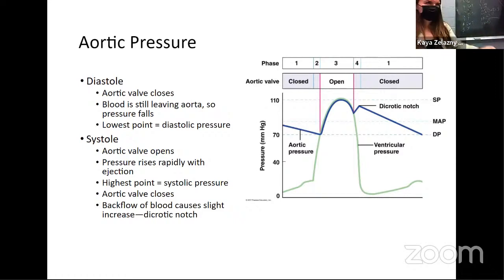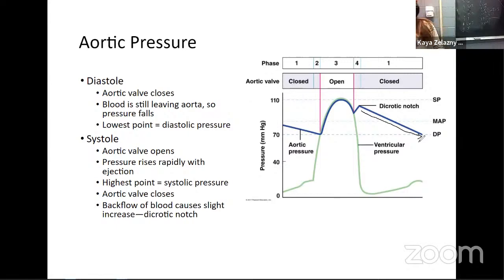Okay. So this means because blood is still leaving the aorta, but it's not getting any new blood because we're not in ventricular ejection, the blood pressure in the aorta is falling during diastole. So when it's not getting new blood out to the arteries, that means the pressure in our arteries falls. Okay, so that's what's happening here.